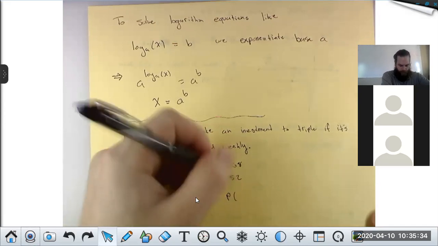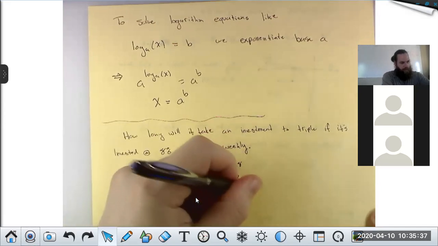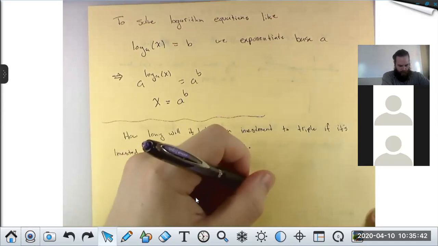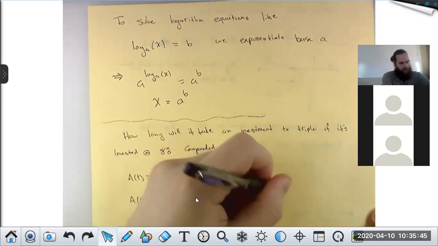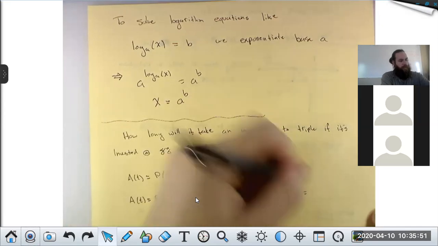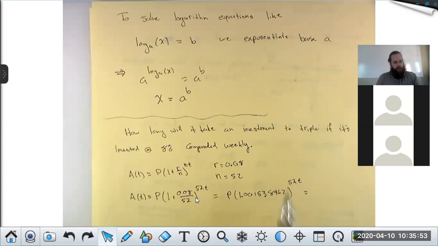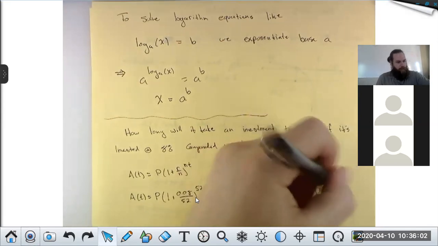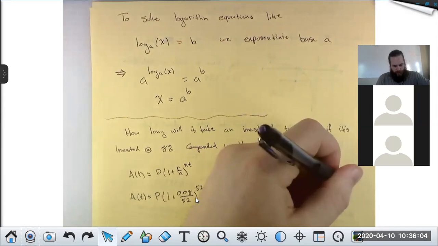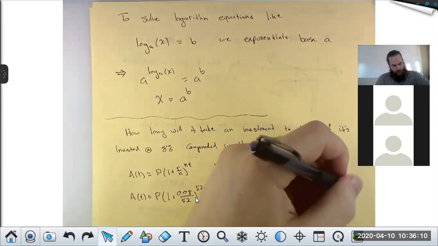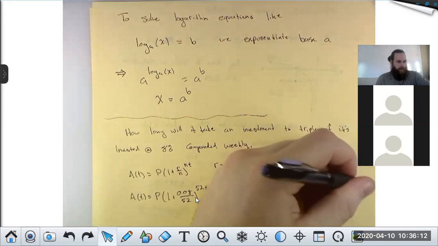This is P times 1.001538462 raised to the 52t, which is the same as, so now I'm going to raise this to the 52, and that will give me my nice simple exponential function, P times 1.083220474 to the t.